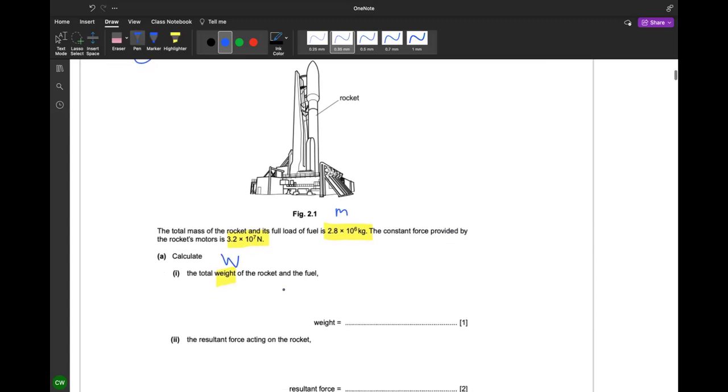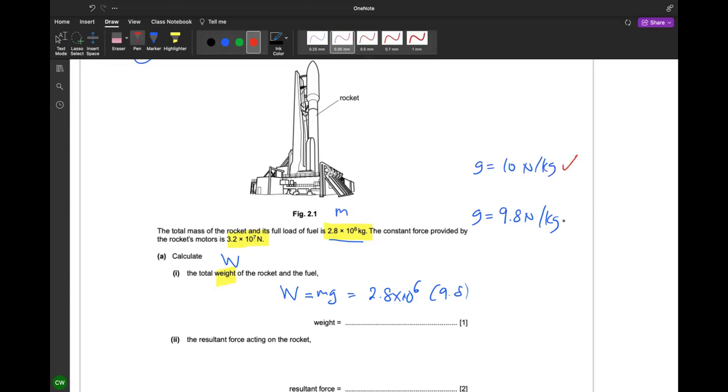Okay. So W. How do you find W? mg. So this is m. Do you know the value of g? 9.8. Okay, g, if it's not given in the question, then you have to use 9.8 Newton per kg. Sometimes it will give you 10. So if they give you 10, then you use 10.